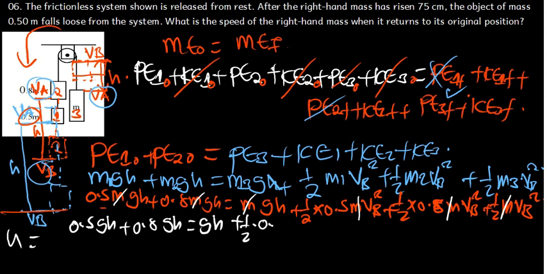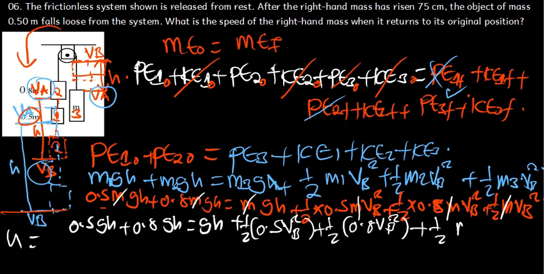Let me just put this in brackets: 0.5 vb squared, plus half of 0.8 vb squared, plus half m. Oh, we don't have m because we have cancelled the m. I'm going to have vb squared.